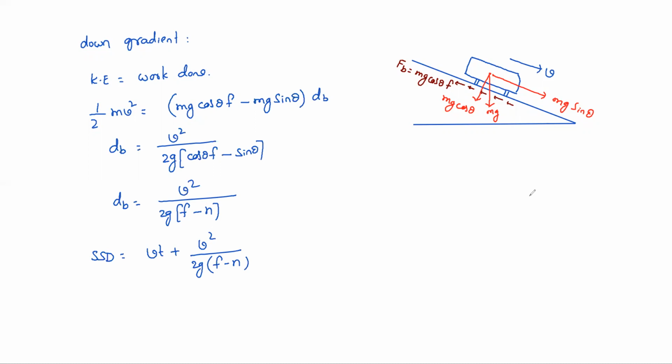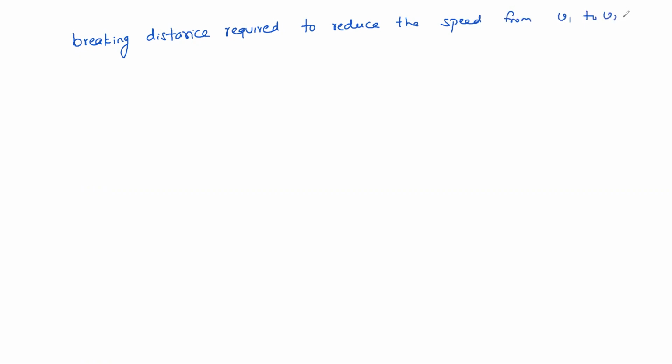And sometimes braking distance required to reduce the speed from v1 to v2.